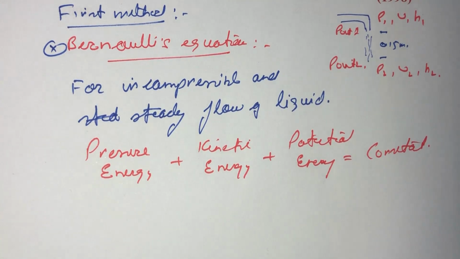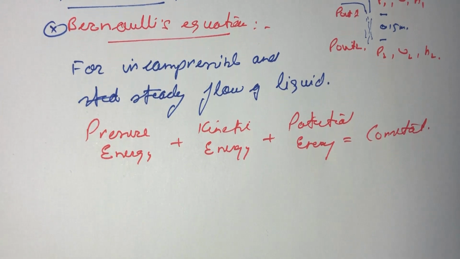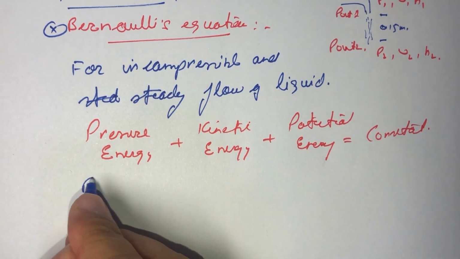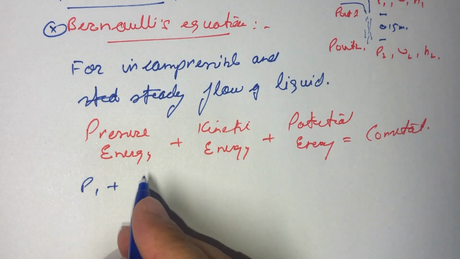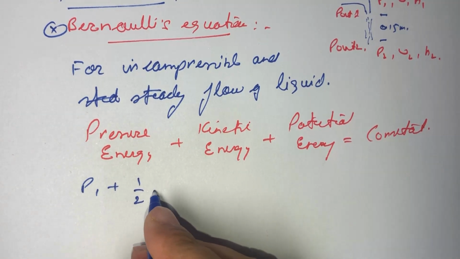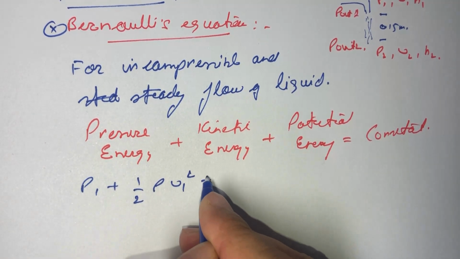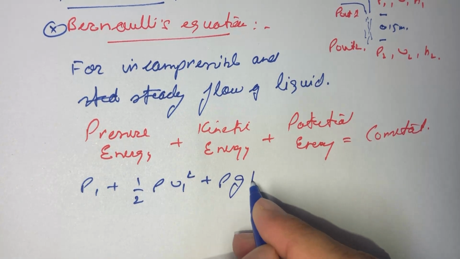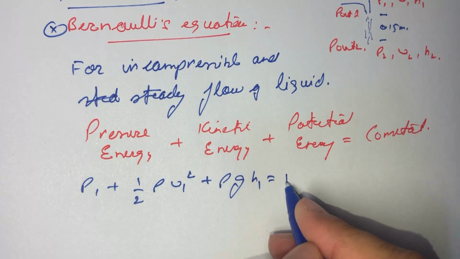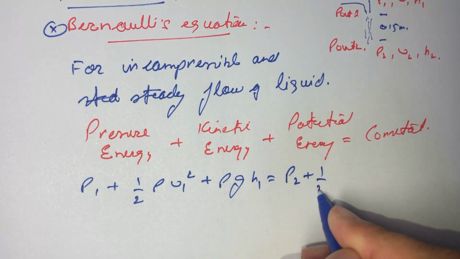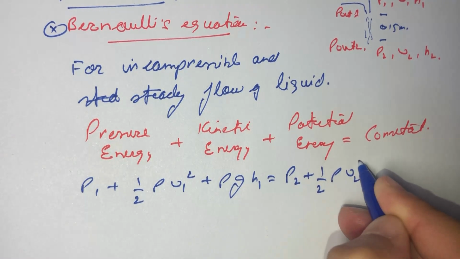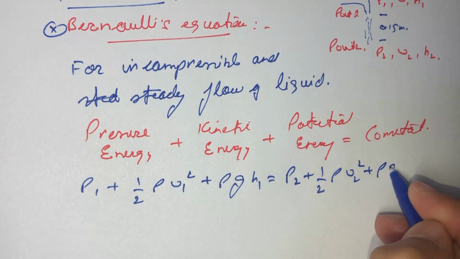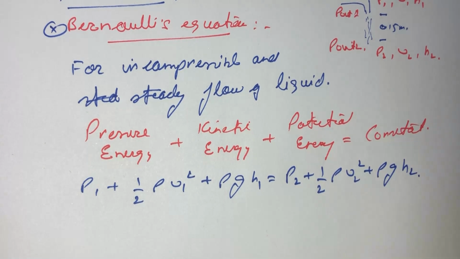Therefore, we can write the equation as P1 plus half rho V1 square plus rho g H1 is equal to P2 plus half rho V2 square plus rho g H2.